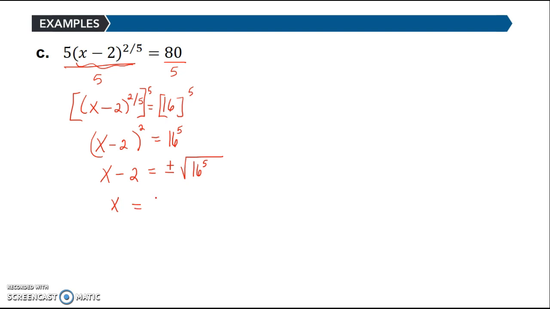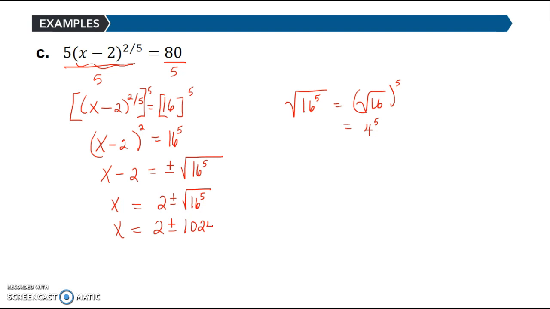So x is equal to 2 plus or minus the square root of 16 to the 5. But the square root of 16 to the 5 is really the square root of 16 all raised to the 5, which is 4 to the 5. And that's a little bit more manageable on the calculator. 4 to the 5 is 1024.